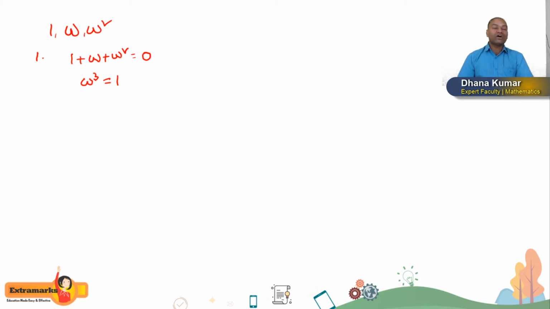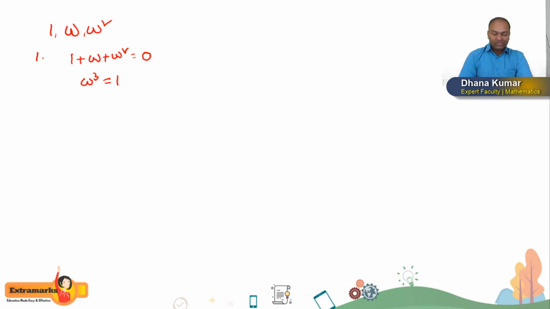And the cube roots of unity are the vertices of an equilateral triangle on the circle whose radius is 1, because it is unity. Anyhow, no need for this particular question; we will especially use these two formulas: 1 plus omega plus omega square equal to 0, because the sum of nth roots of unity is 0, and omega cube is equal to 1.